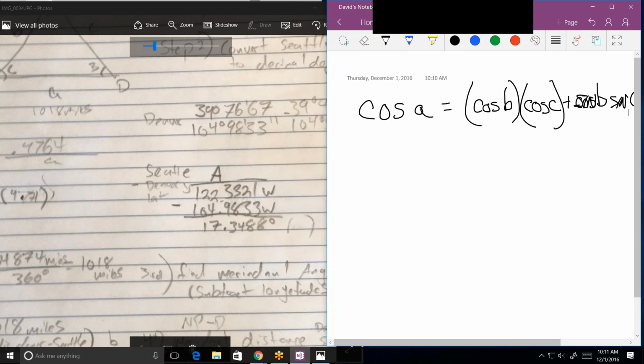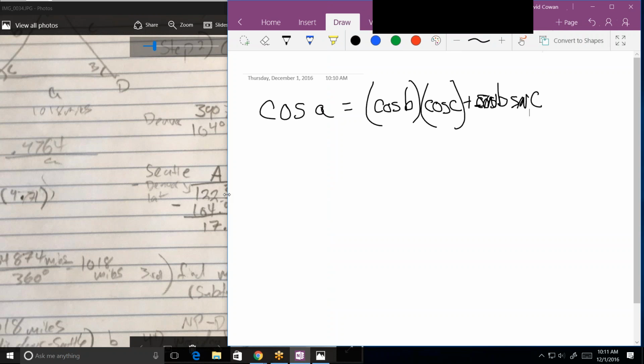A capital A. Yeah, that does sound like the law of cosines.